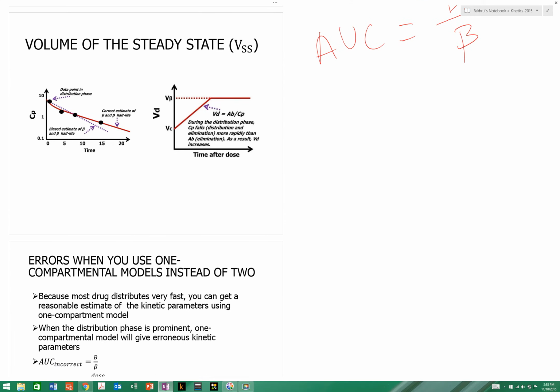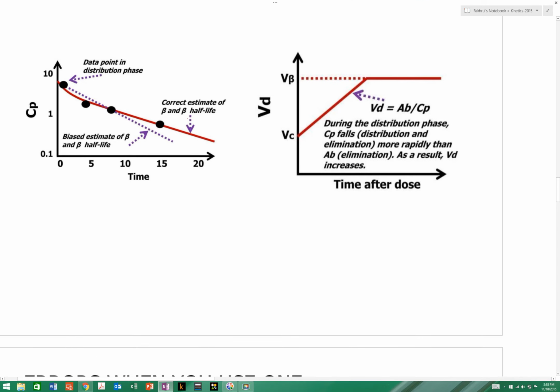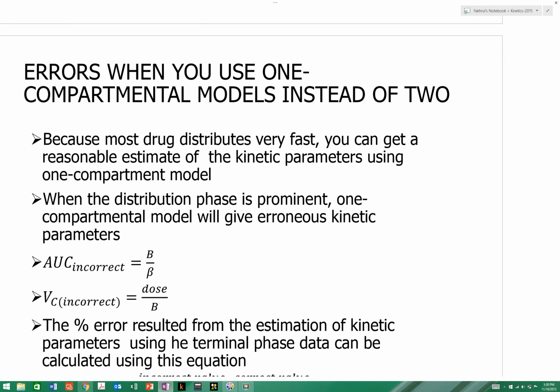So this curve is showing that you assumed a wrong assumption. You are just using one curve, so you are using beta, and here it is showing how volume of distribution increases with time. So volume increases, and then the peripheral volume of distribution is higher.